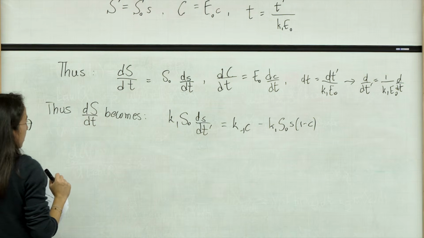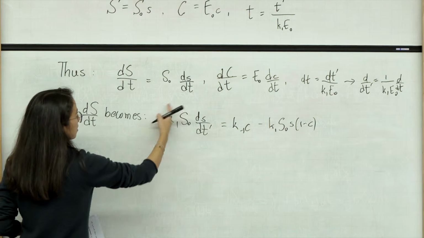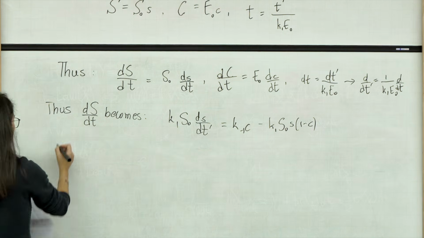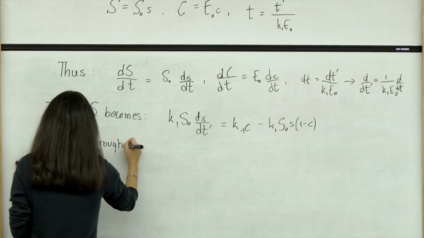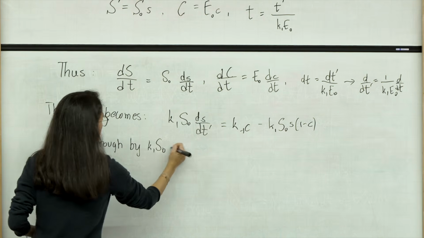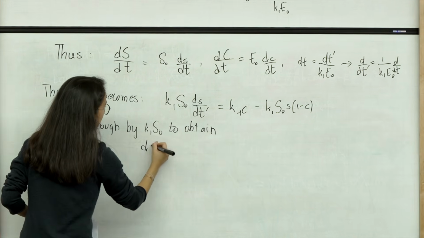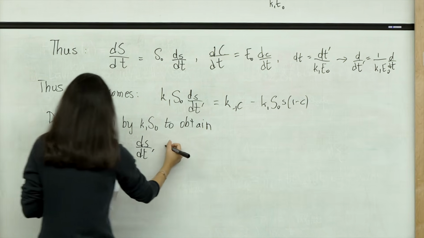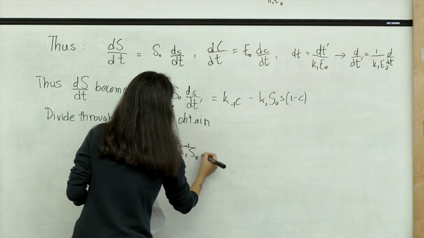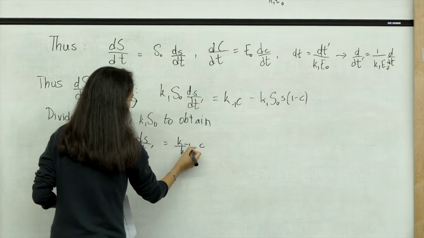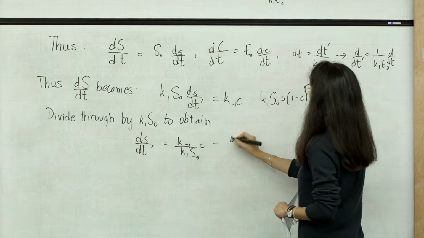But before I do that, let me simplify this one a bit. You see you have these extra things in front, so I want to get rid of them. I will just divide through by k_1 S0 to obtain ds/dt' is k_{-1} over k_1 S0 times c, minus, and this just drops off, 1 minus c.